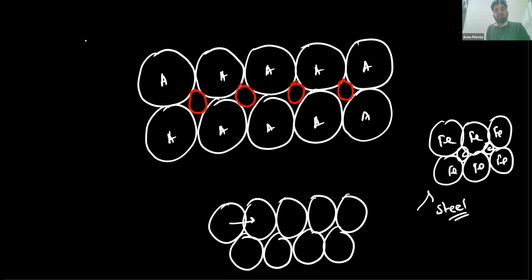Let me explain one more time: there are different types of alloys. One type of alloy is amalgam.